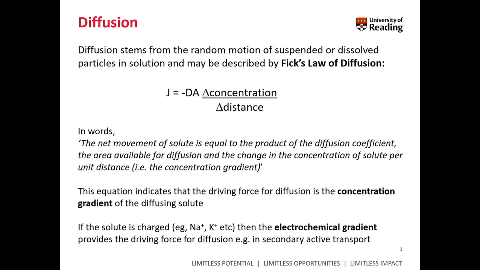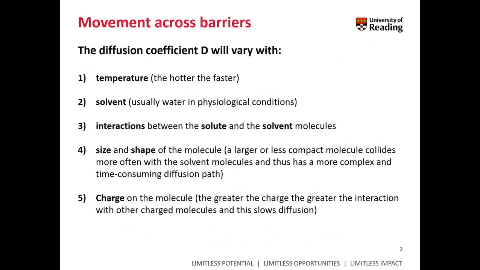Now, things get a little bit more complicated if the species is electrically charged. Not excessively complicated, but a little bit more complicated. So the diffusion coefficient, as I said, depends on the properties of the semi-permeable membrane, and this is true if you do have a semi-permeable membrane.